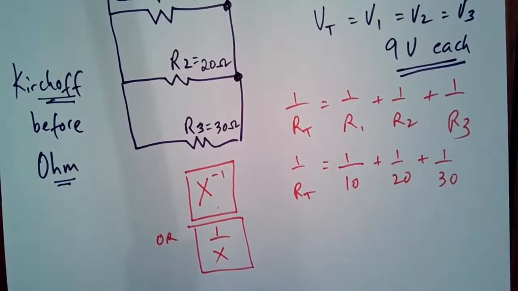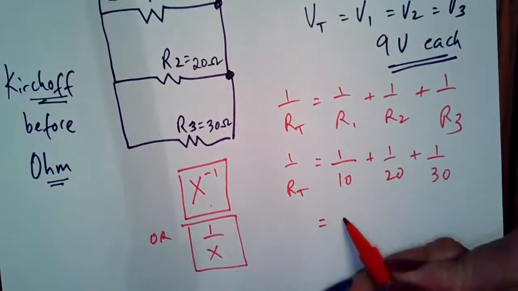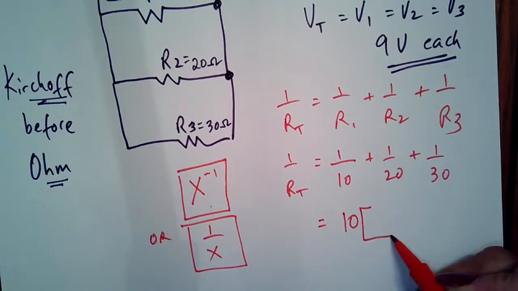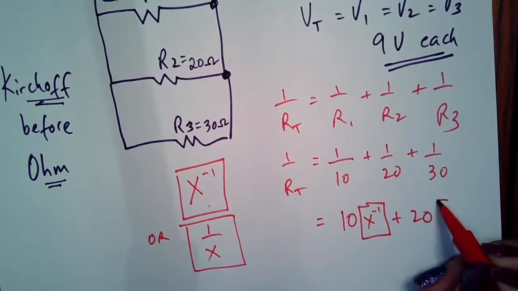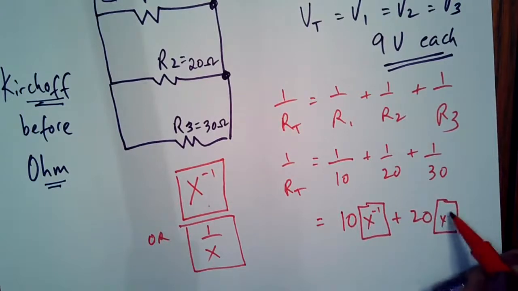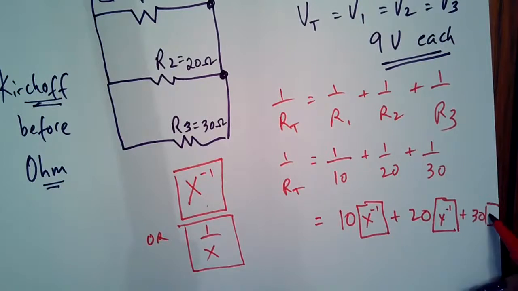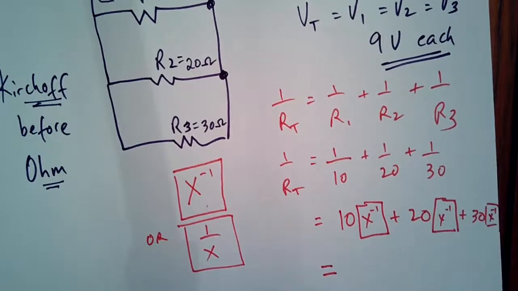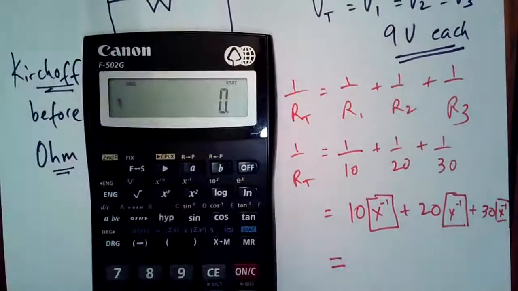That will give you the reciprocal. So I'll just press number 10 and then these buttons, plus 20 and then this button again, plus 30 and then that button. Press the equal sign.